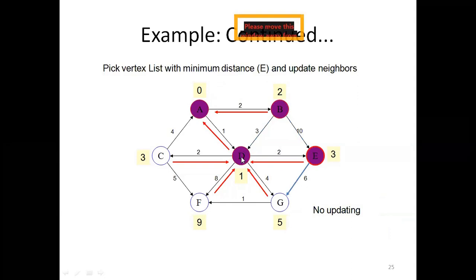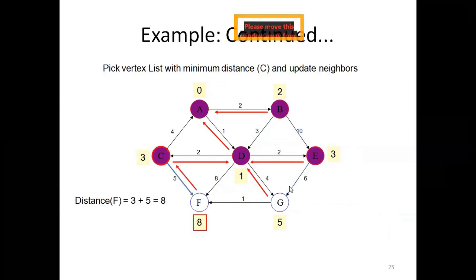So vertex D to E, the cost is 3. So comparing, we get distance D to E is 3. Distance F, it is 3 plus 5, 8.